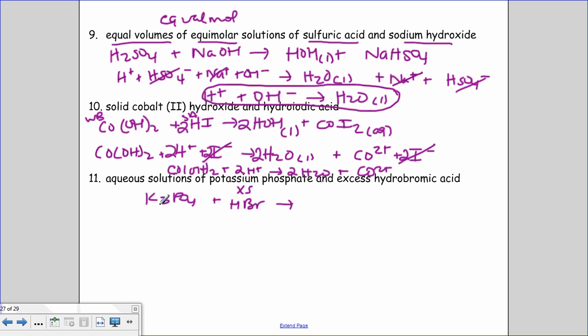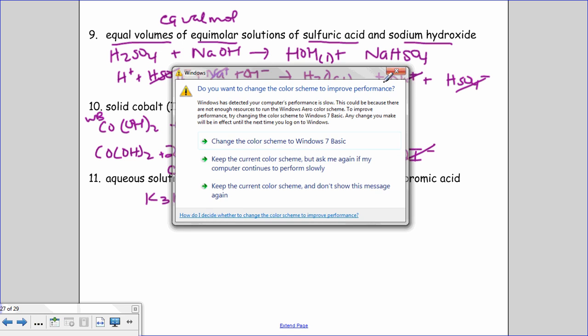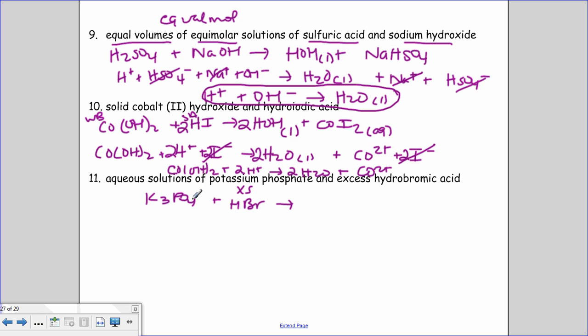Alright, so let's just do our double replacement. I'm sorry, this keeps coming up. Okay, so the phosphate and the hydrogen are going to come together to make H3PO4, and the bromine and the potassium come together to make potassium bromide. 3 here, so I need a 3 here. Bromides, 3, and there's already a 3 for the potassium, so we're in good shape.